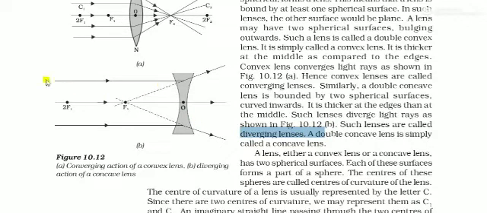Why is it diverging? See here, a ray of light which is parallel to the principal axis, after refraction it gets diverted. Actually it is going in this direction, but after refraction it appears to come from this point. So this is the diverging lens, which is thicker at the edges than at the middle.